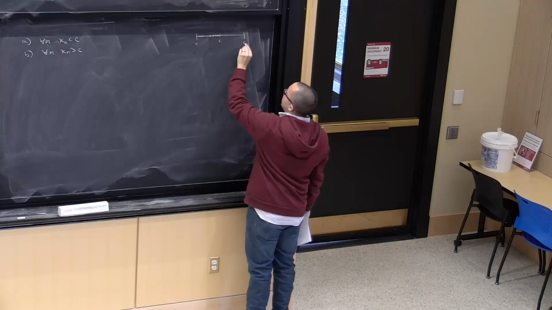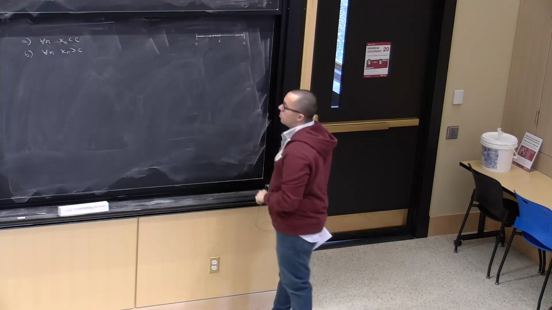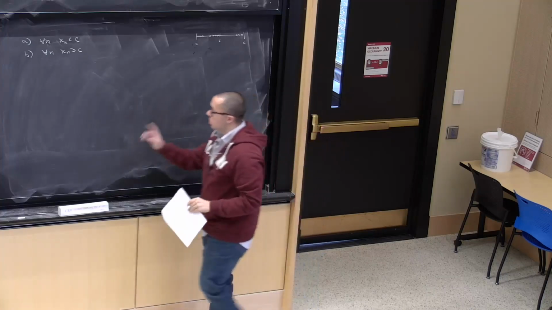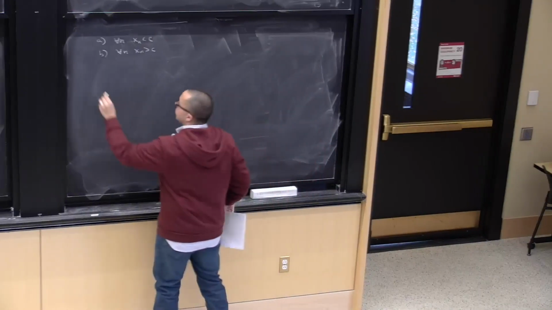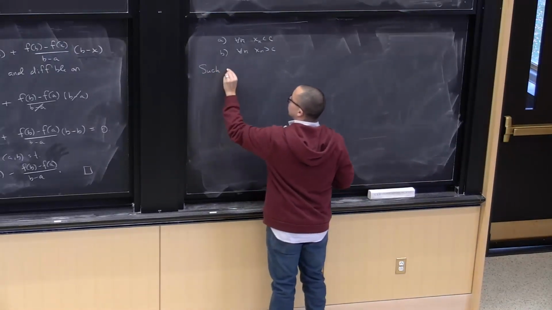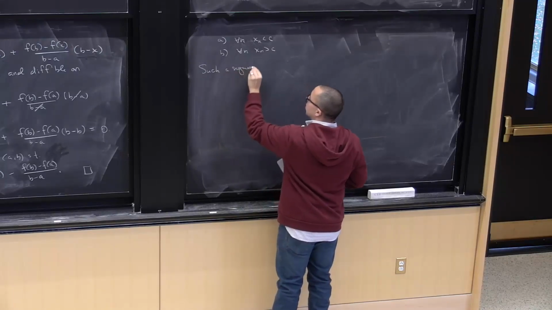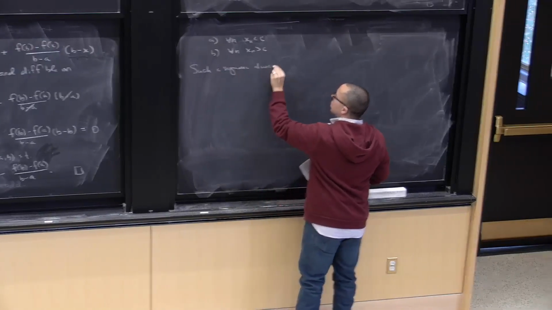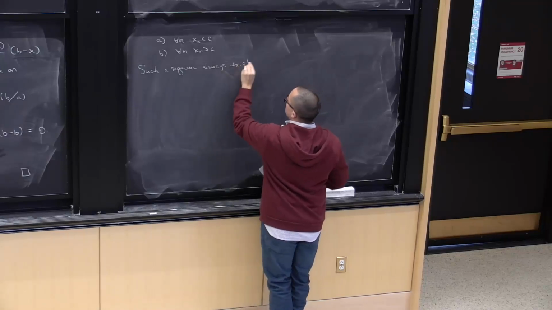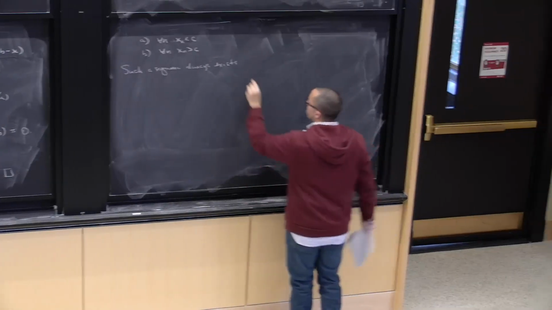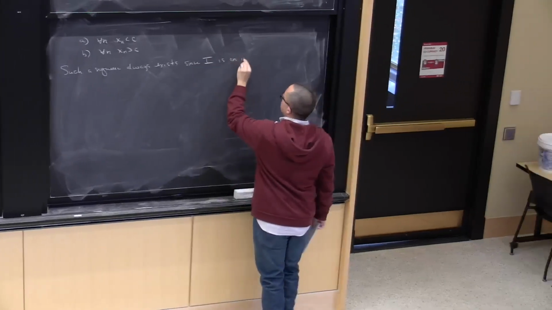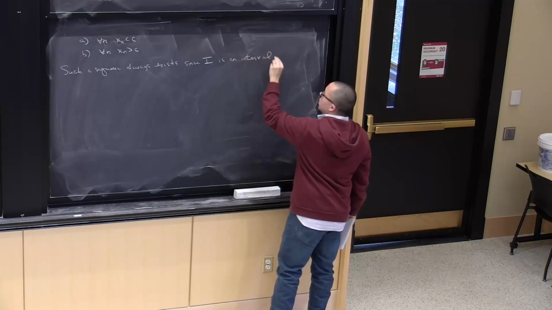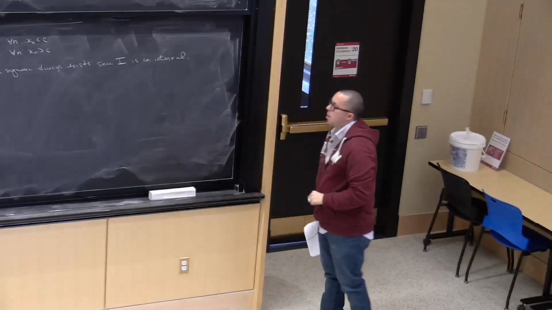And the same thing, if c is over here, we can find a sequence approaching c strictly from the left. So there always exists such a sequence, and this is because I is an interval.